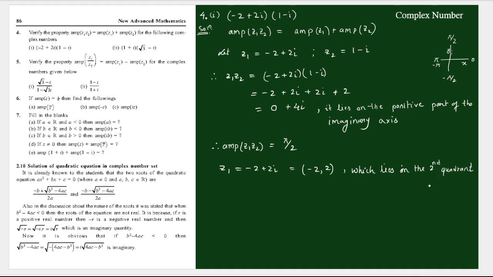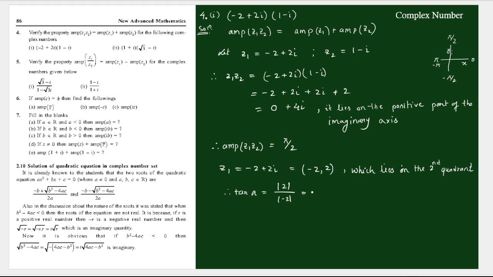Now since it is the second quadrant, we have to find theta, so we have to find alpha. So therefore tan alpha equal to y by x.